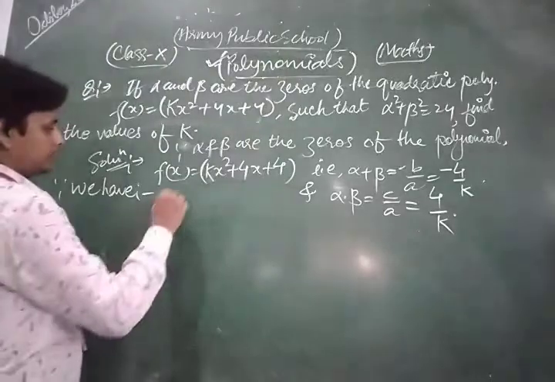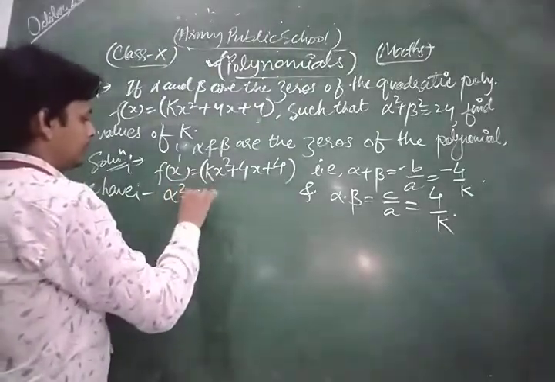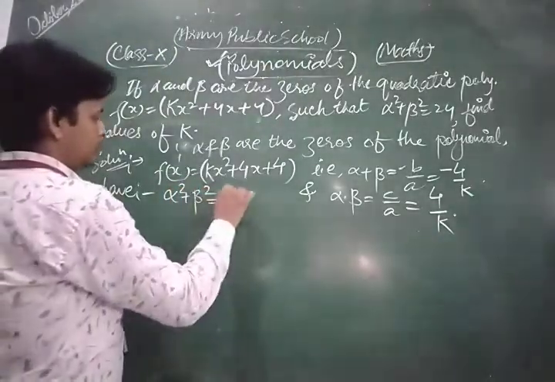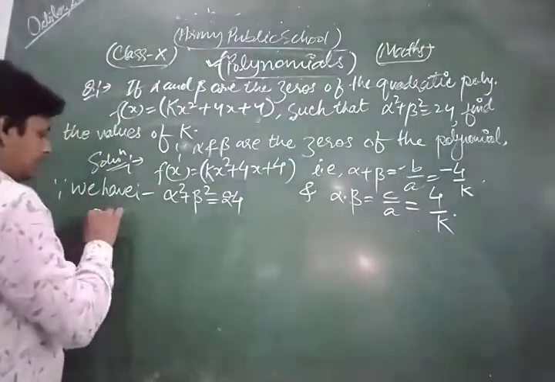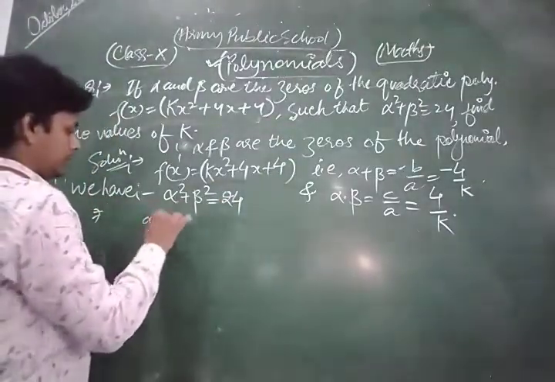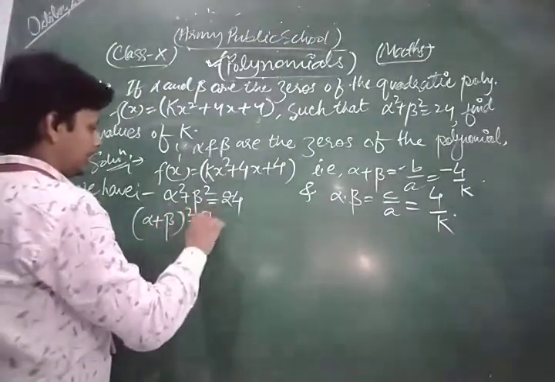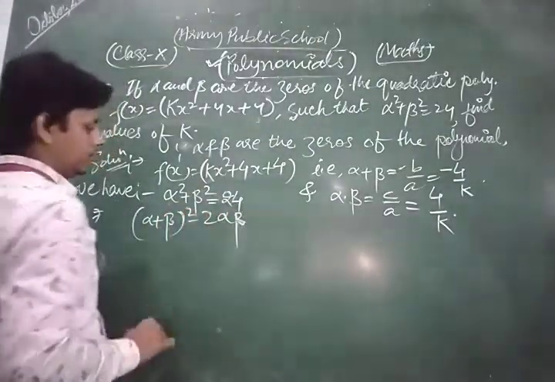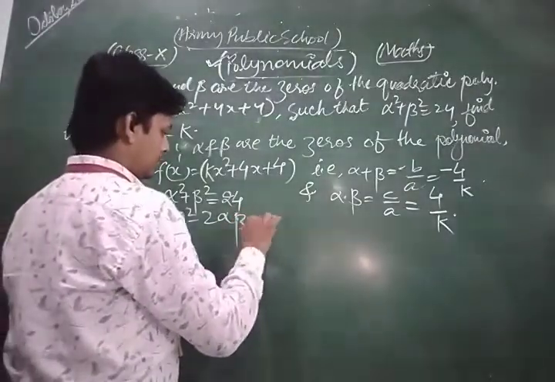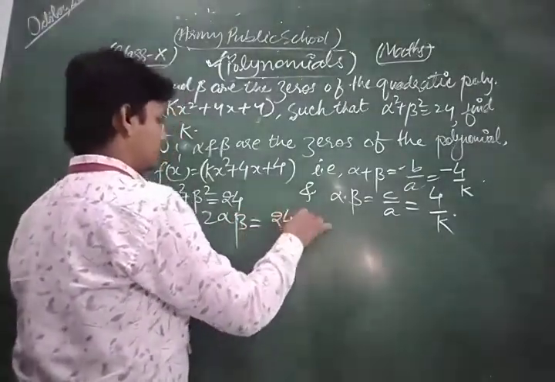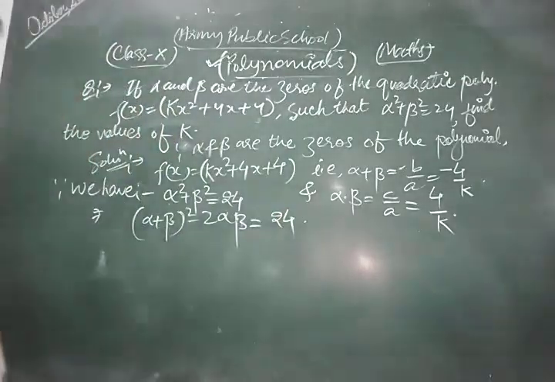Now we have the relation: alpha square plus beta square is equal to 24, then we can write alpha square plus beta square is equal to alpha plus beta whole square minus 2 alpha beta, is equal to 24.